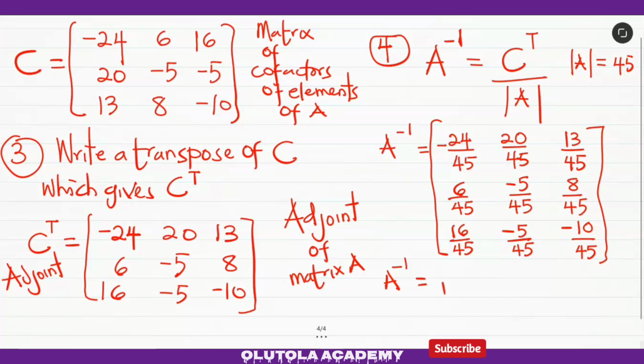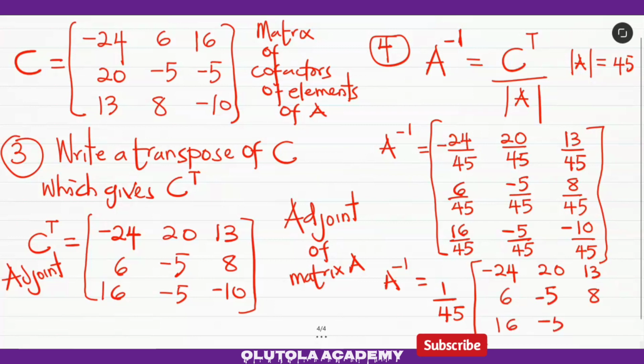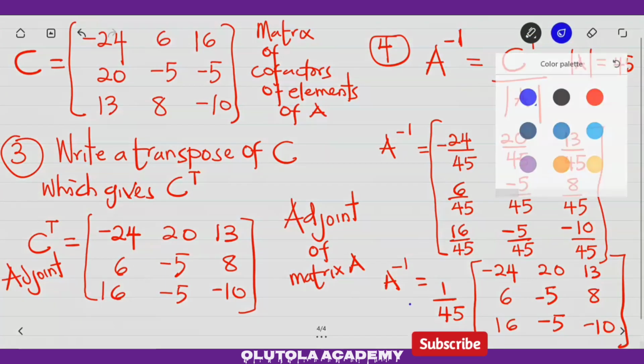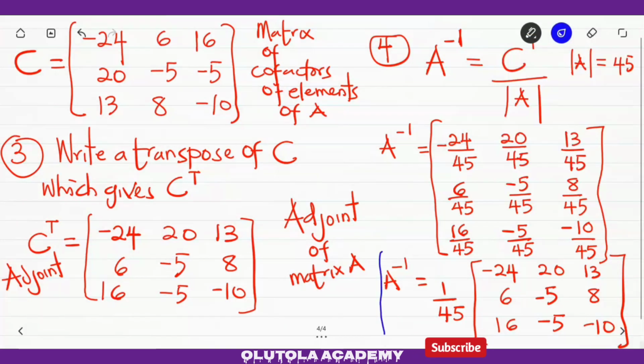So it's going to be 1 over 45 into the bracket. 1 over 45 will be outside the bracket as though it's a scalar multiplying the matrix. So 20, 13, 6, negative 5, 8, 16, negative 5, and negative 10. So this down here is the inverse of the square matrix given as A.